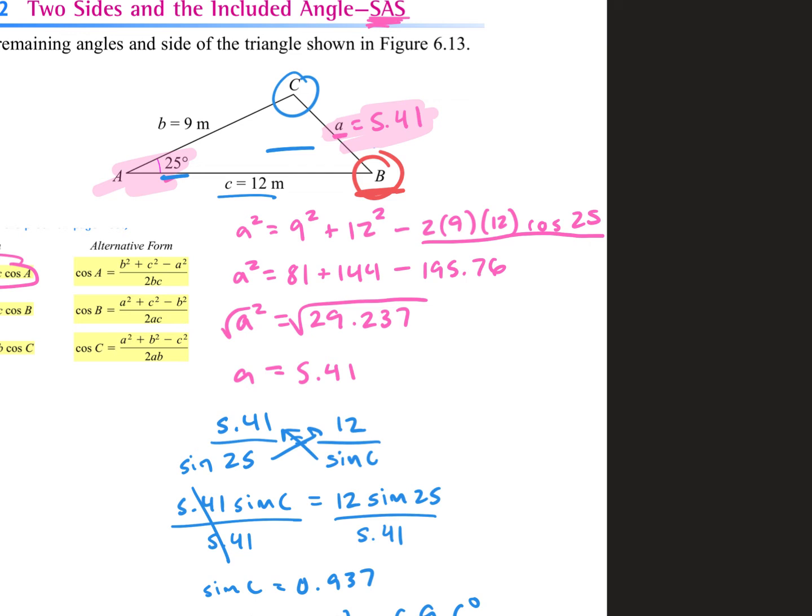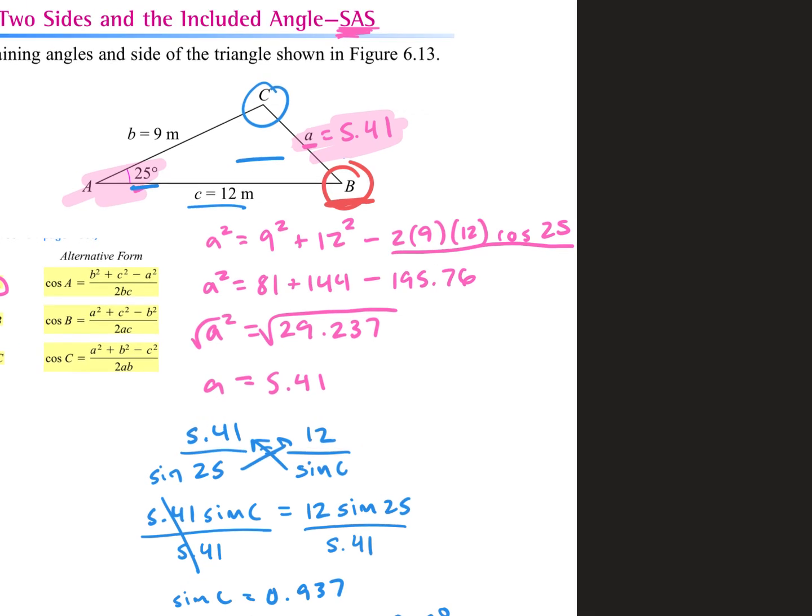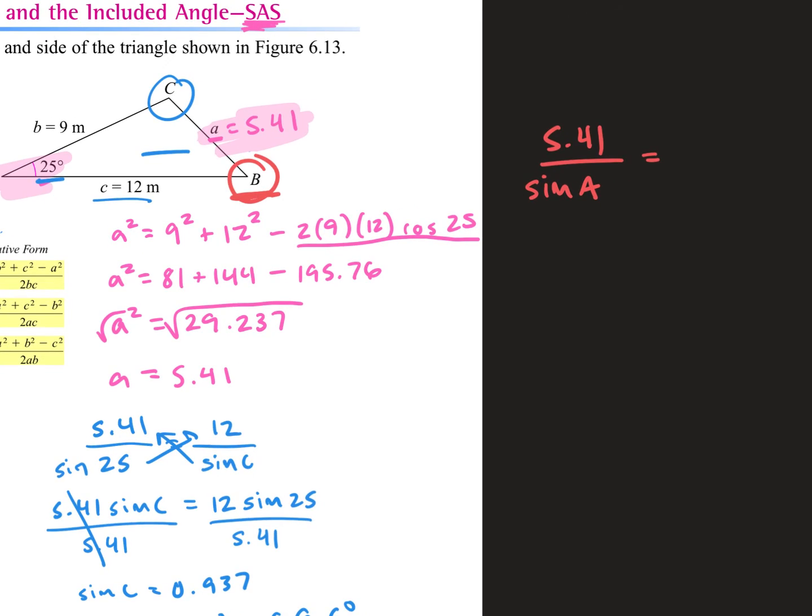So I'm going to use the same proportion of A's. So I have 5.41 over sine of A is equal to 9 over sine of B. So cross multiply. Oops, sine of A is 25. Cross multiply, we get 5.41 times sine of B is equal to 9 times sine of 25.